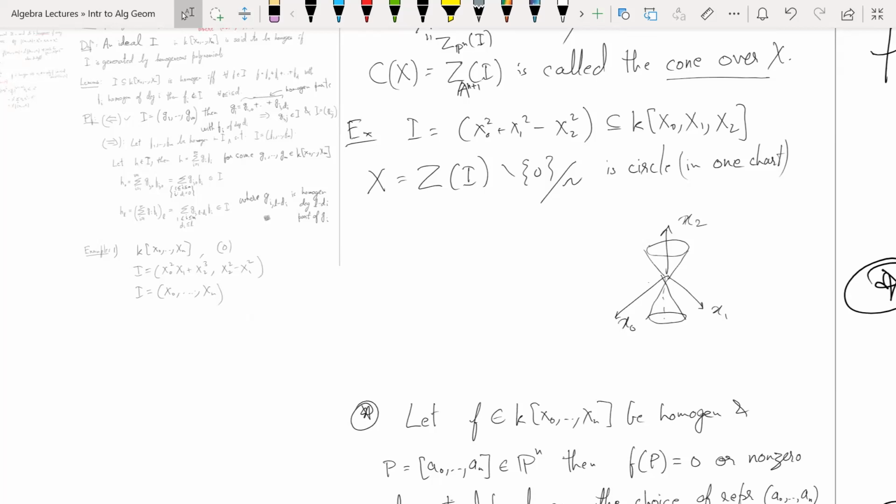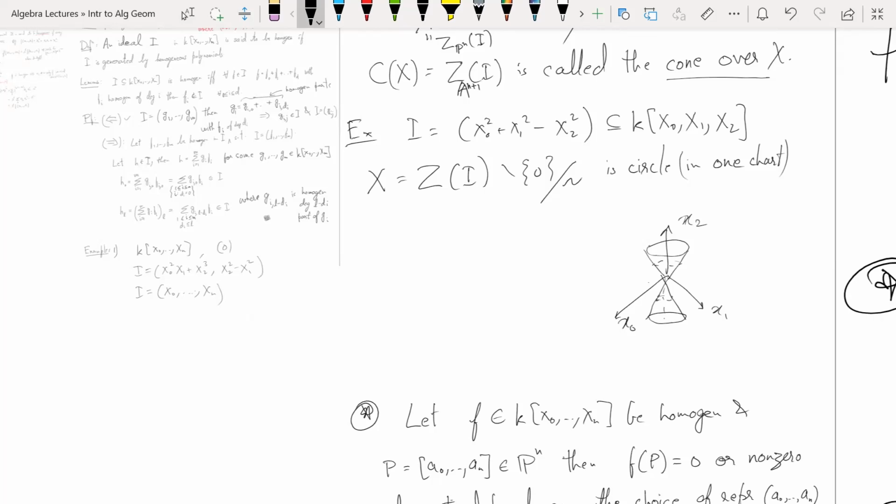But if x2 is non-zero, say 1, then you get a circle, and even if it is -1, you get a circle. And as you vary x2, the radius of the circle changes. So you get this picture. This is the affine picture.